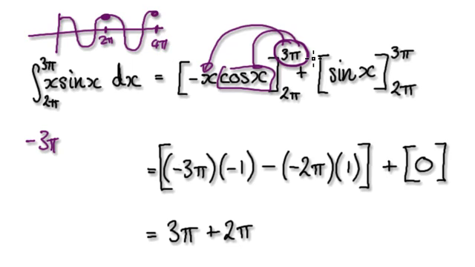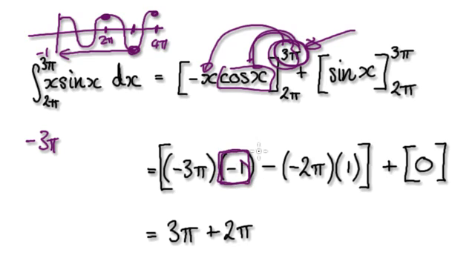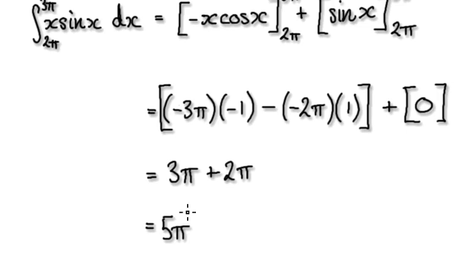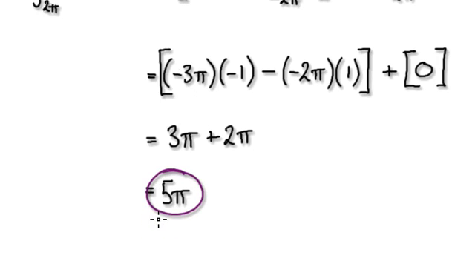So 3 pi is right here, which is -1. So when you put this into here, it will be -1. Overall, it will give you 5 pi. So the area of the second hump is 5 pi.